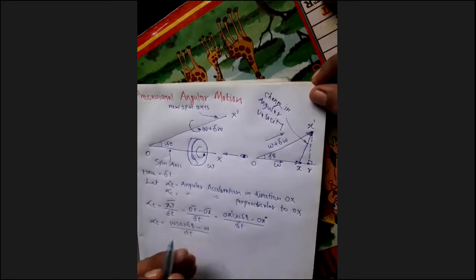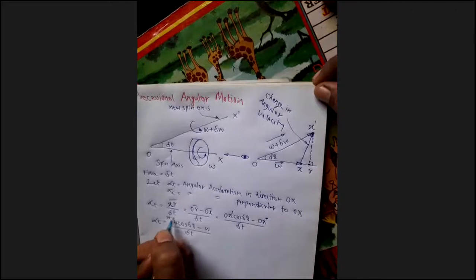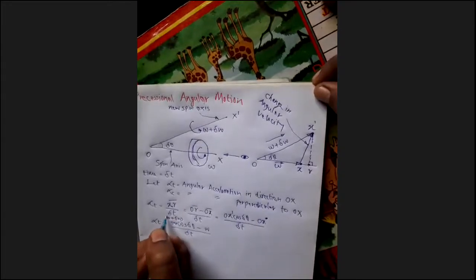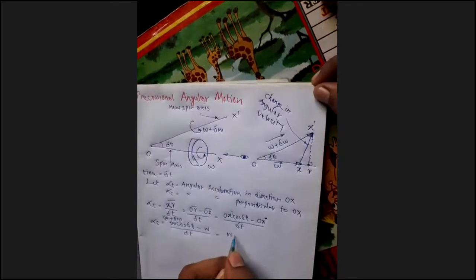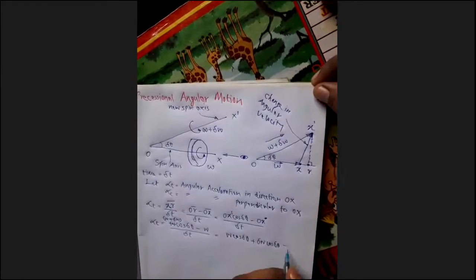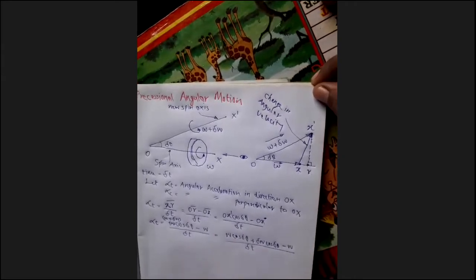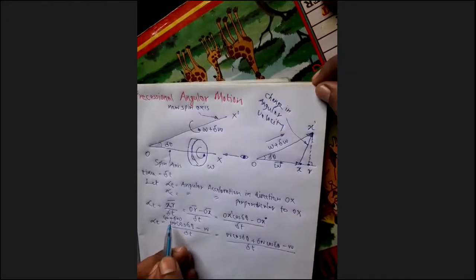Sorry, OX dash is omega plus delta omega. So this expression becomes omega cos delta theta plus delta omega cos delta theta minus omega, on delta t. I multiplied cos delta theta into this bracket.